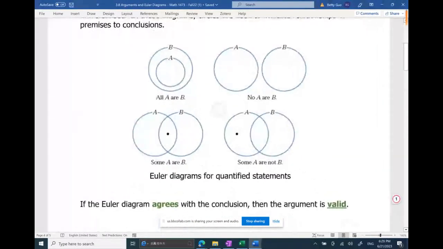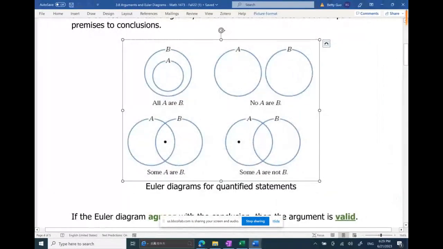But if you don't have the time, you should go over the content in the guided notes, because the guided notes are the shorter version of the textbook. If you understand the content in the guided notes, you pretty much know almost everything required by the course. So those are the four types of quantified statements and their Euler diagrams. Earlier, the one we had is the bottom left.